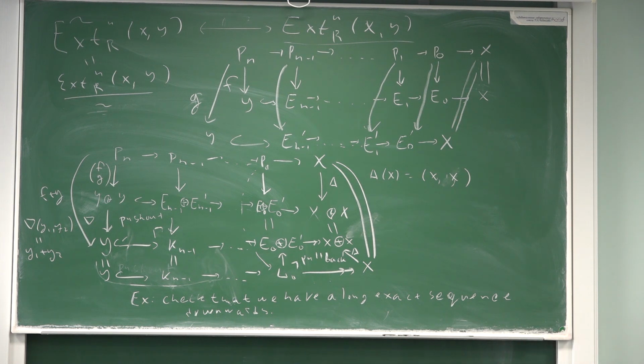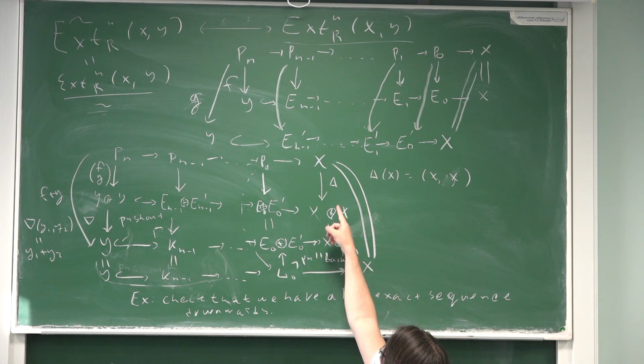And if n is greater than or equal to 2, then it's obvious that these two operations commute. Like you can take the pullback, then push out, or push out and then pull back, and we will get the same thing.